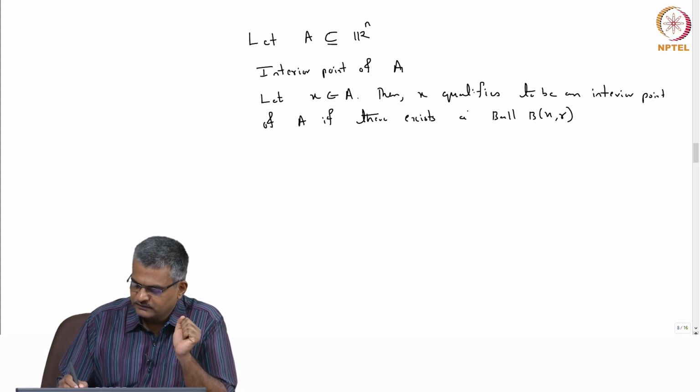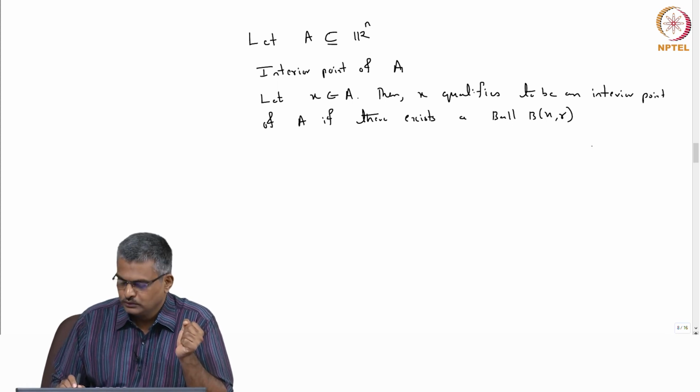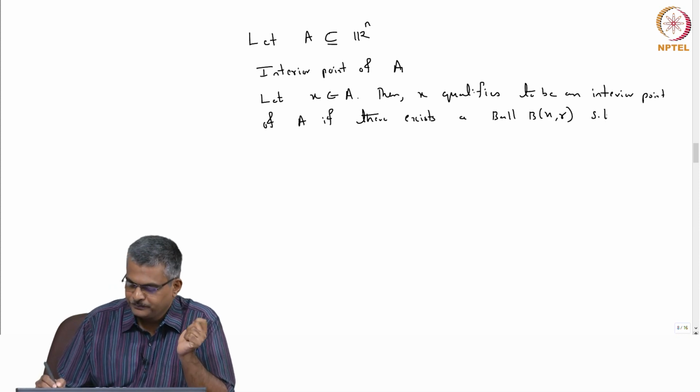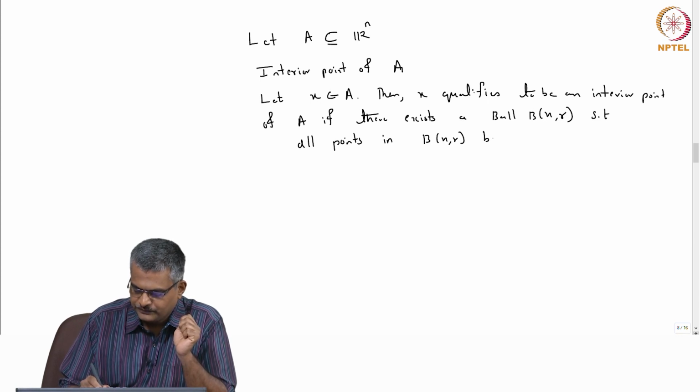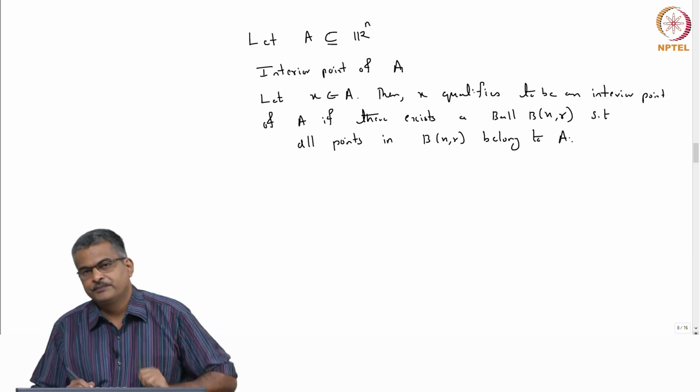That means there exists a positive radius r, with which you build up this ball B(x, r), such that all points in B(x, r) belong to the set A.